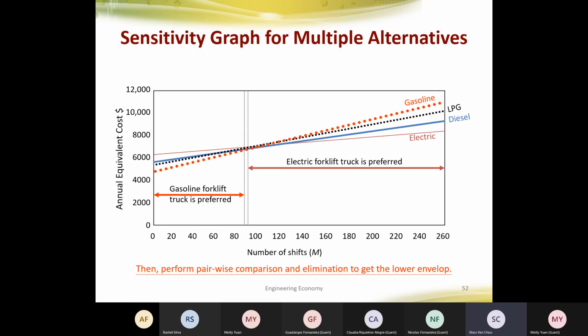In this case, it's about when we have around 90 shifts, which is the pivot point. Before that, we use gasoline, one alternative. After that point, in terms of number of shifts, we'll choose a different solution. Okay, next.